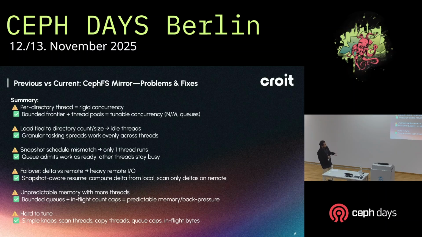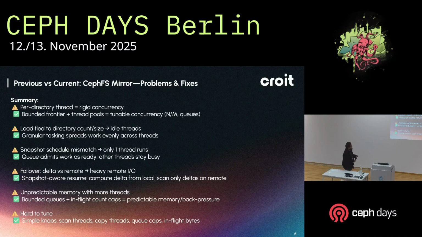So here it's global. For example, if you are using 8 threads and currently 2 directories are in sync, then those 8 threads will synchronize those 2 directories. If your snapshot schedule allows only 1 directory, then those threads will completely focus on that 1 directory.